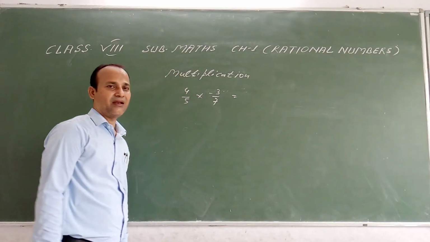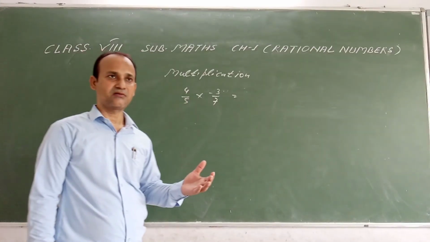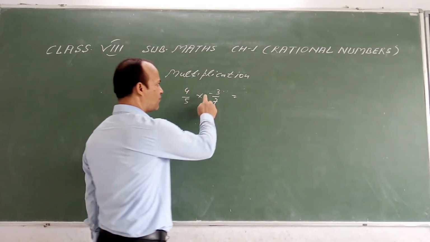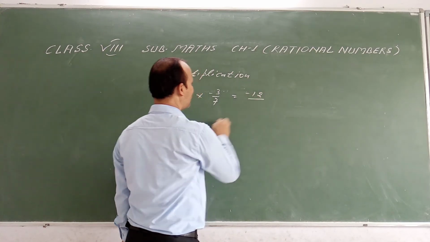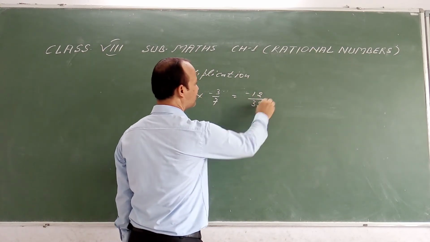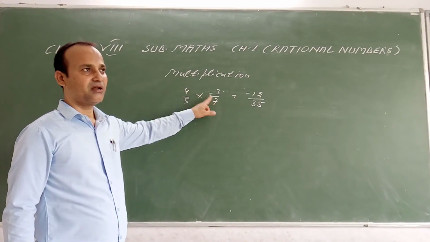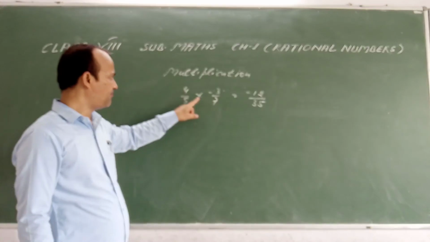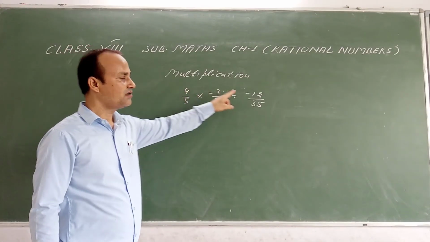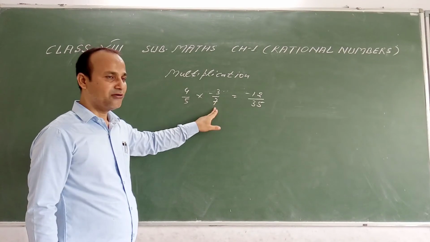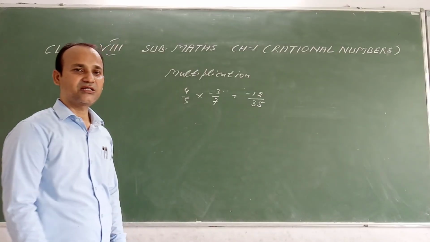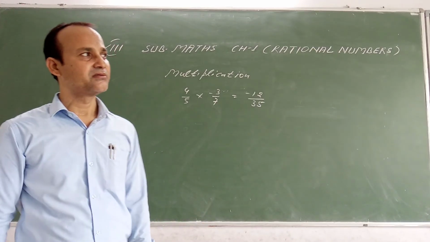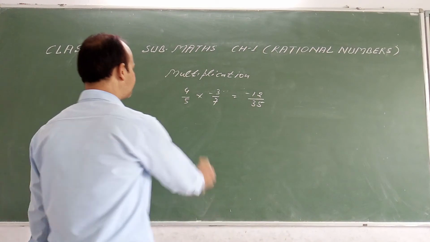We multiply numerators with numerators and denominators with denominators. Like 4 multiplied by 3, 4 3s are 12, that will be minus 12, and 5 7s are 35. 4 3s are 12, sign will be plus and minus, that will be minus, and 5 into 7 will be 35. Minus 12 upon 35 will be the result. This way you can multiply the numbers.